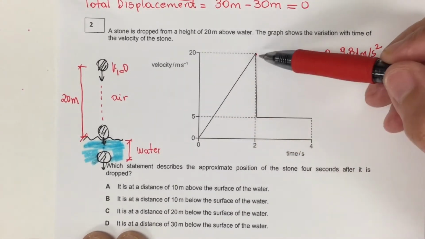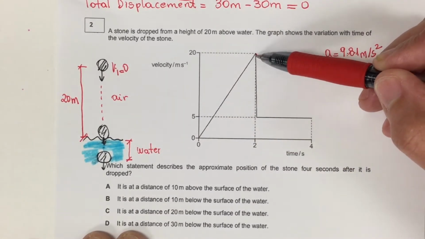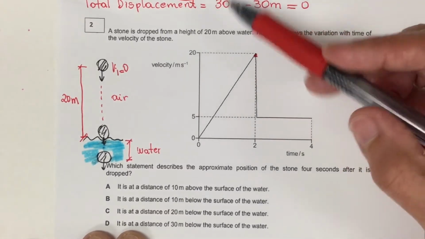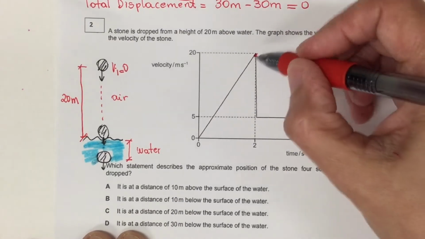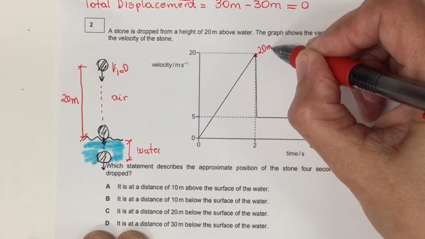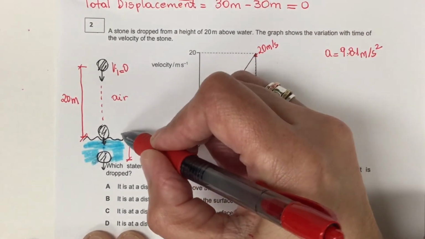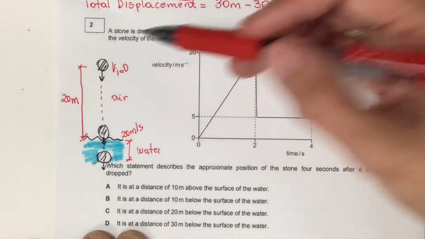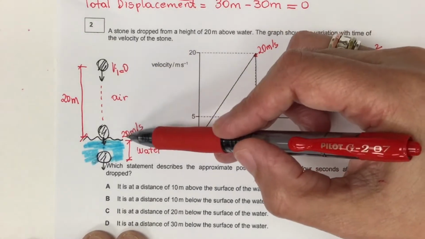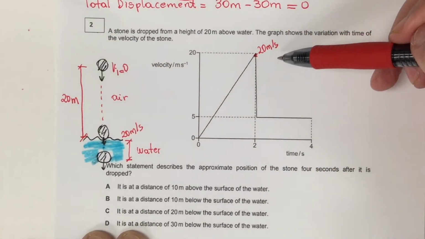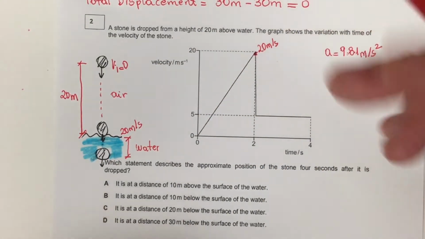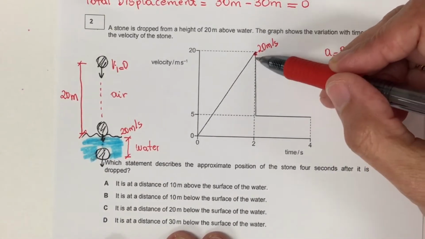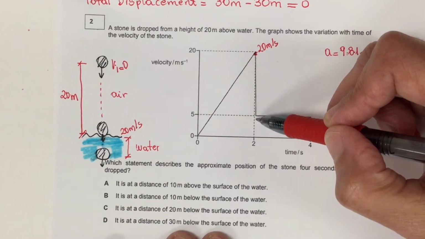Here is when it reaches the water, and it reaches the water at 20 meters per second. The speed goes from 0 to 20 meters per second, and then suddenly changes quickly from 20 to 5.